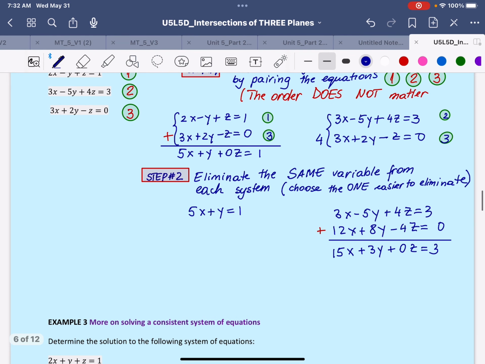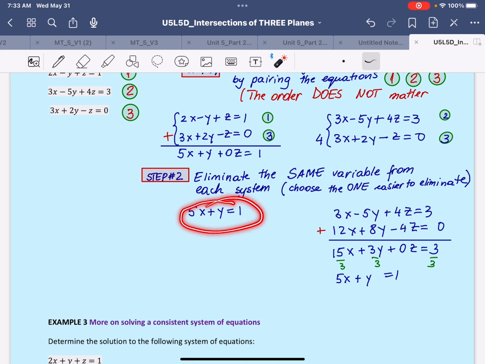So as you can see, we have a common factor of 3 in all terms. We'll simplify as much as we can, so we'll divide by 3, and that will create the equation 5x plus 1y equals 1. So we will number the equations that we obtained with numbers 4 and 5, or we can letter them just so that we can distinguish these new equations from the equations that we used in the previous step.